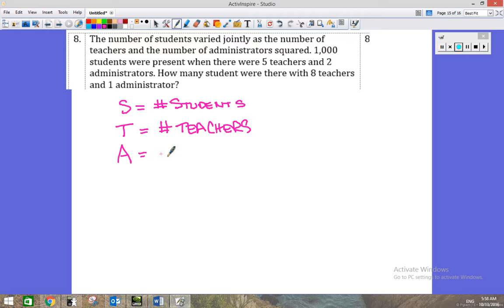A be the number of administrators. So the number of students vary jointly. I'm thinking multiplication, but also more than one variable follows. So I've got S is equal to K times T times A. It'll give me enough information to determine K.